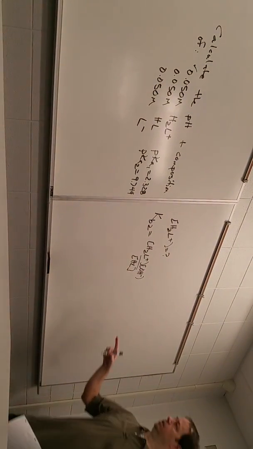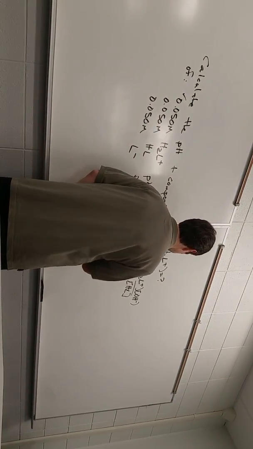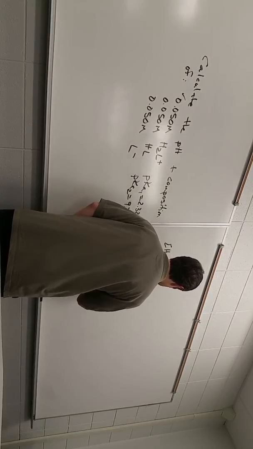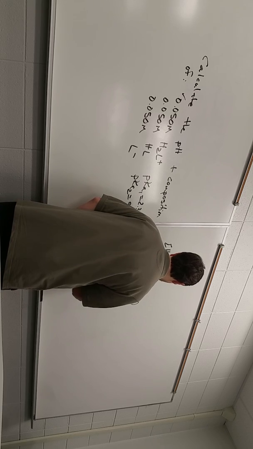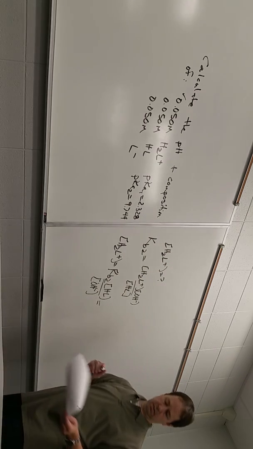And just like in the previous example, we are going to rearrange and solve for the one variable that we need. So Kb2 times HL over hydroxide. And what did I say these were?